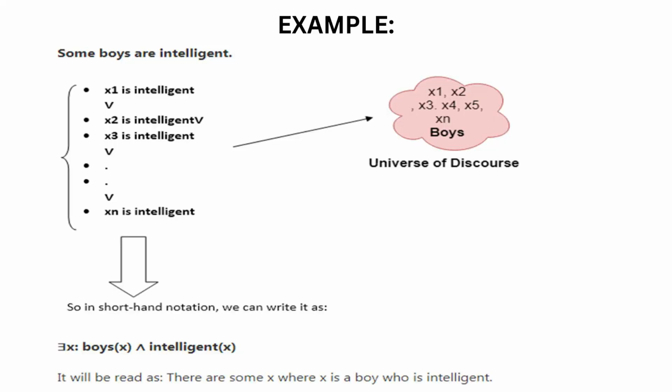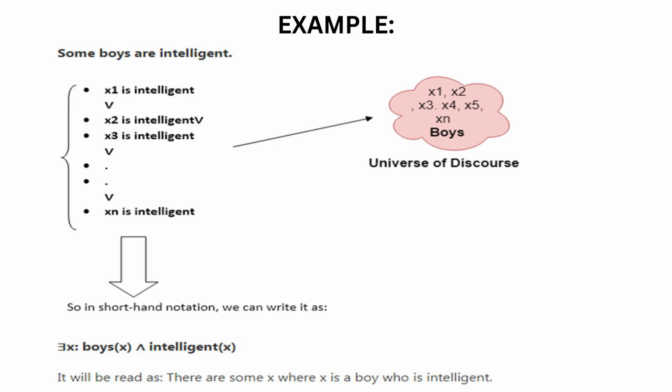For example, in first order logic, the statement "some boys are intelligent" can be represented using an existential quantifier and predicate. Let us break it down into variables and predicates. Let b of x be the predicate that represents x is a boy, and let i of x be the predicate that represents x is intelligent.